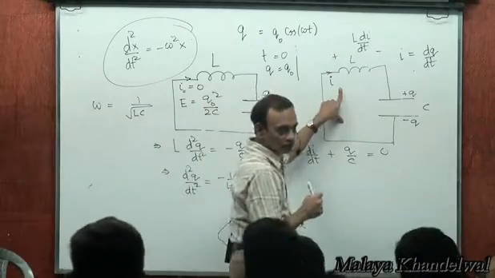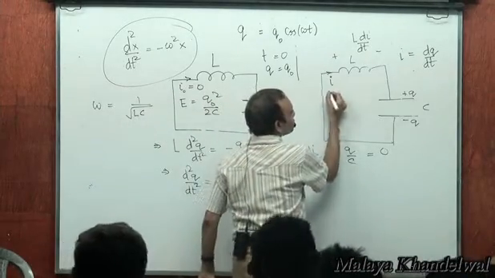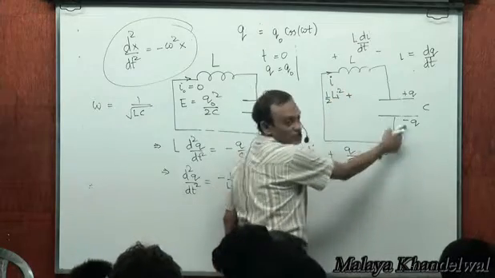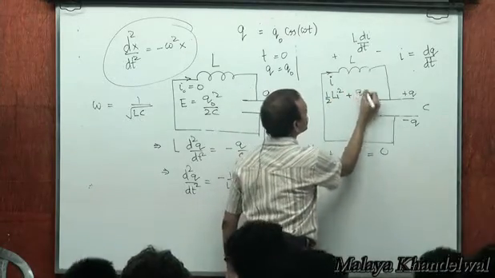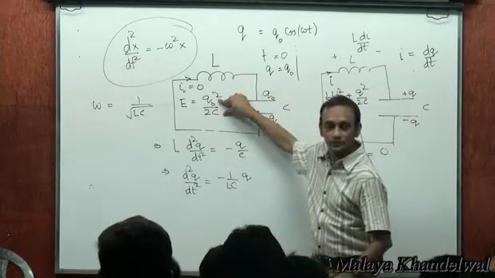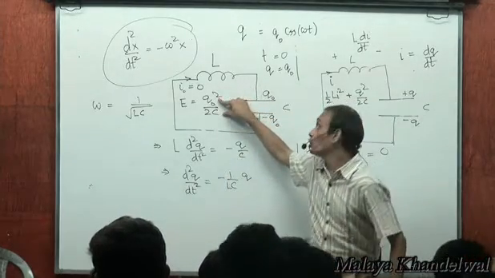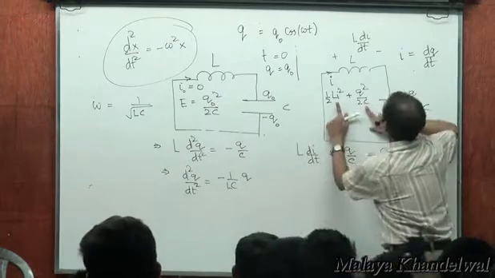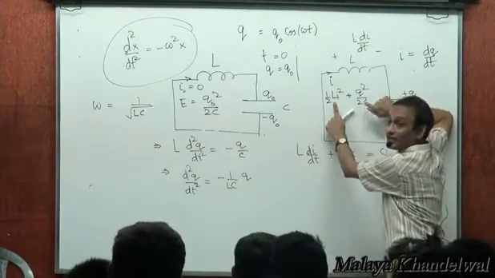Now, when you come down here, what's the energy in the inductor? Half L i squared. What is the energy here? q squared by 2C. Which means the energy here is electrical as well as magnetic.